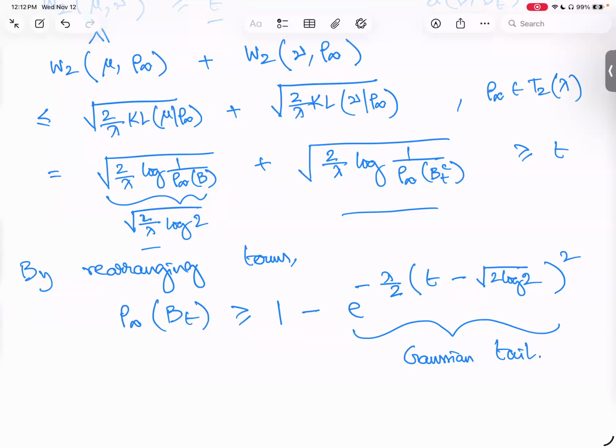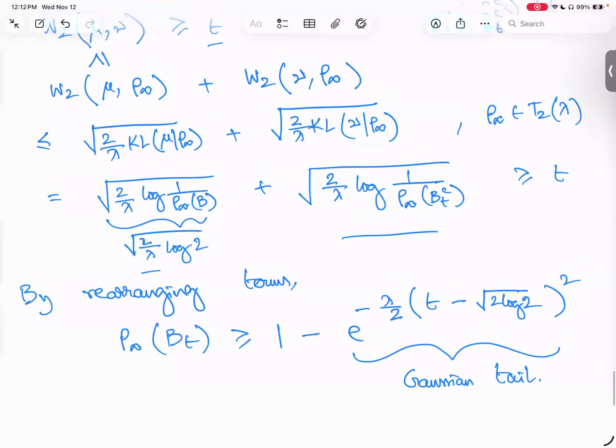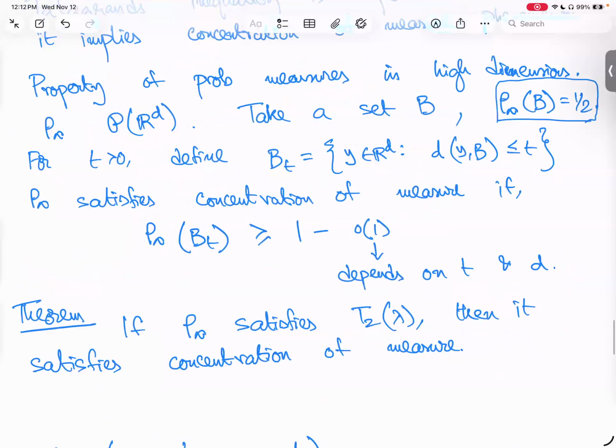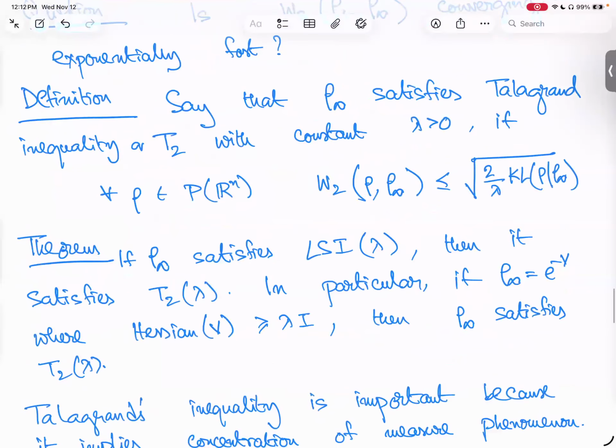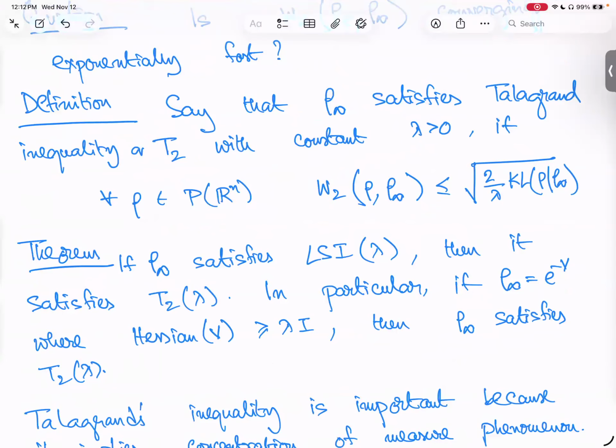Think about the concentration. Okay, I'll say a little bit about it. W2 squared, for example, is additive in dimension. If you take independent coordinates, it adds the things up. You can actually show that the relative entropy also has a factorization property: if you take independent coordinates, the Kullback-Leibler adds up.